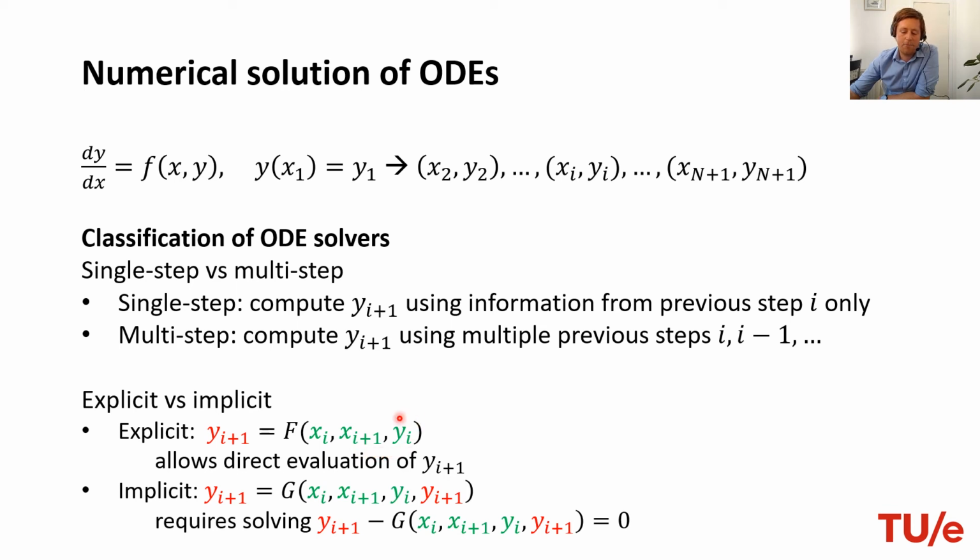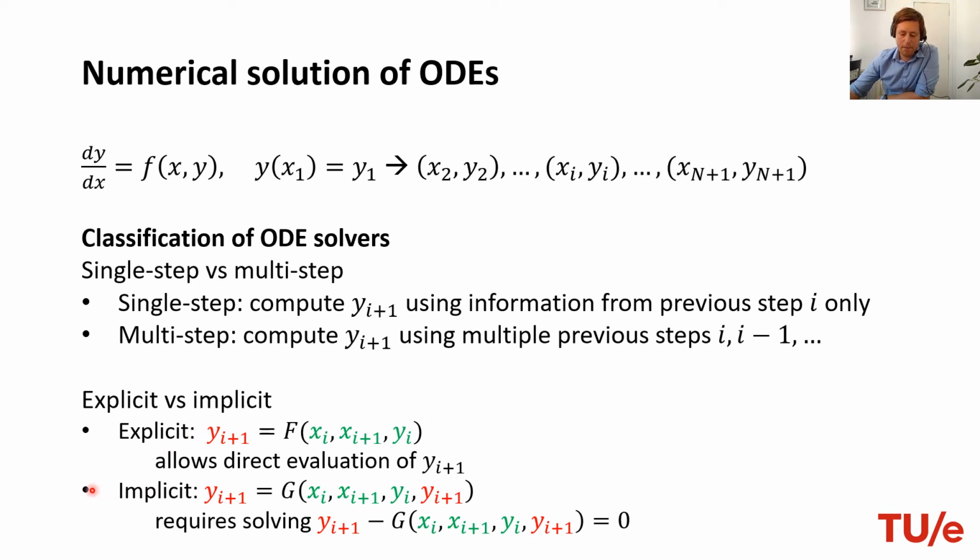And this y subscript i is also known at this point because you computed it from the previous step. Either you're in the first step and then it is known, or you're in one of the subsequent steps and then you've already computed it. So these are all known values. And so in an explicit formulation, you can directly evaluate this from this expression over here. That's because you have an explicit formula for the solution in the next approximation step.